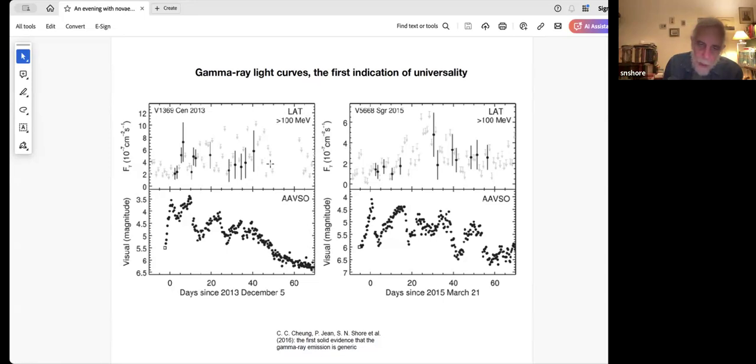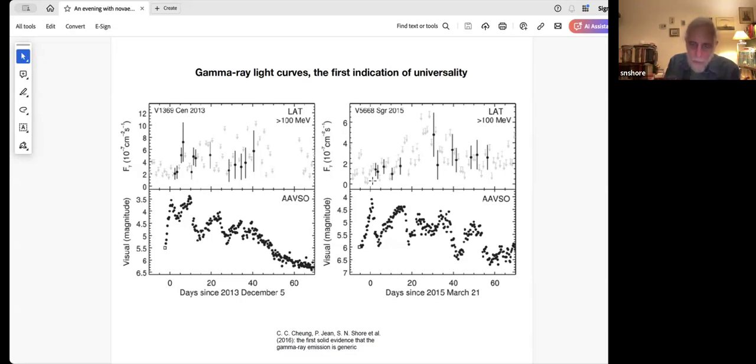The problem is a different one. You see all these gray dots, ignore them. Those are upper limits. And the thing that may make you a little nervous is that you've got upper limits that are higher than the detections. That's because of the way the background behaves.